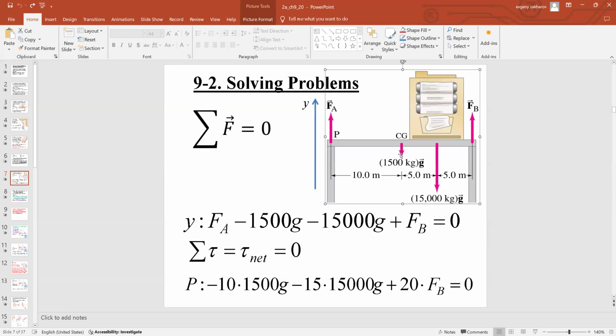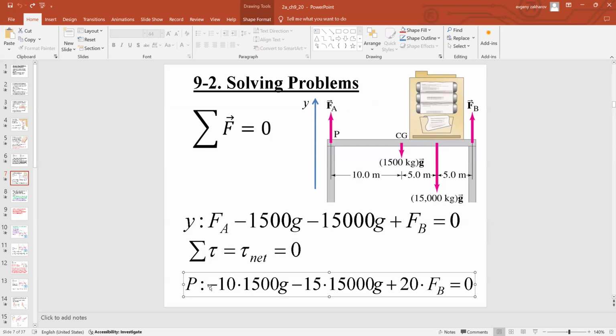So this point, or point P, those are the best candidates for eliminating one of the unknown forces. You don't know the force, but you know for sure that torque is going to be 0 because the minimum distance between the line of action and axis of rotation is 0.